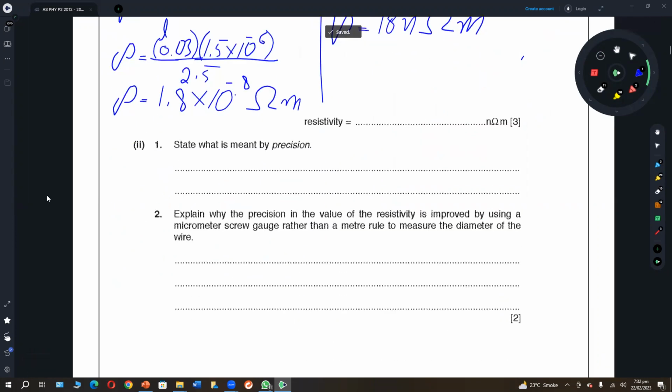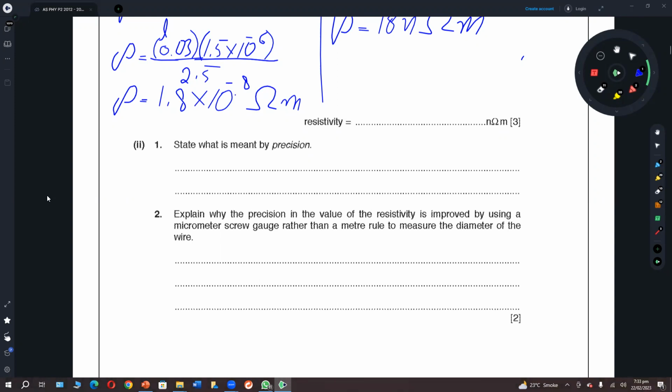State what is meant by precision. Can you recall for me what is precision? It is the extent to which values are close to each other. It was like the range of it. You can say the range of it. So what is meant by precision?